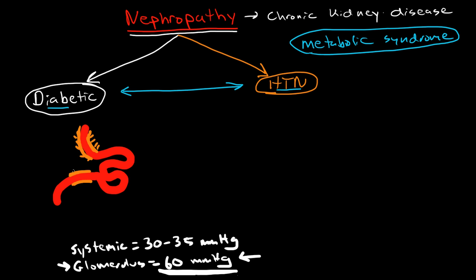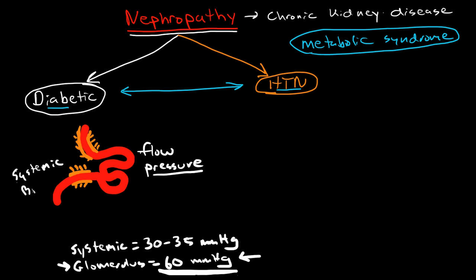So we can vasoconstrict or vasodilate the arterioles coming into the glomerulus or the arteriole coming out of the glomerulus. Now that allows us to have exquisite control over both flow and pressure in the glomerulus. So we can keep this pressure in a very narrow range, irrespective of systemic blood pressure.